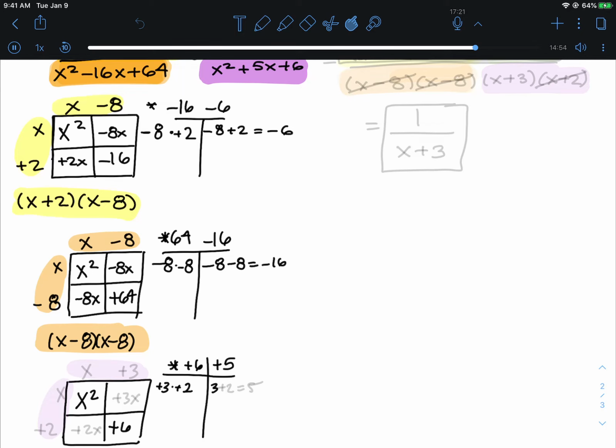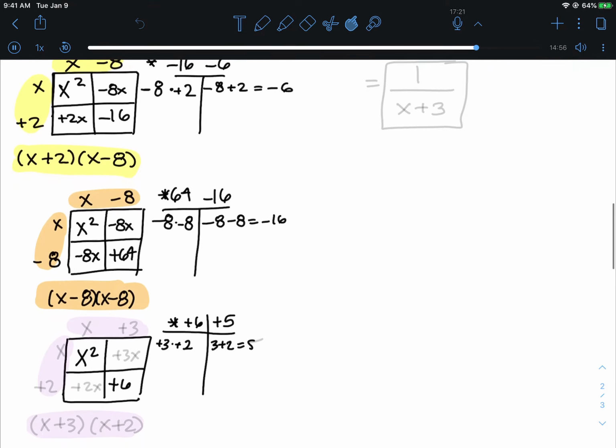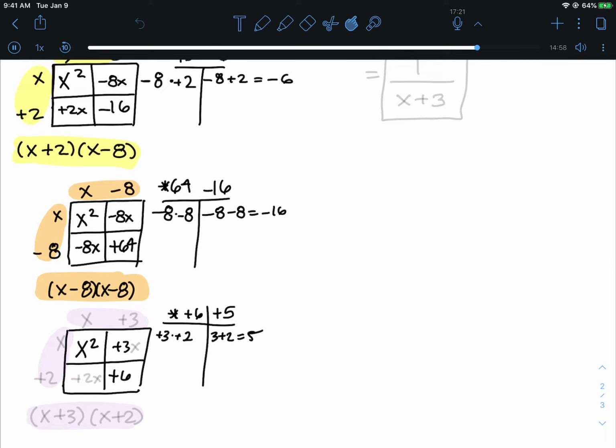And then 3 plus 2 is 5. So that means that's a positive 3x, and this is a positive 2x. So x times x is x squared, and then x times 3 is 3x, and x times 2 is 2x. So then that gives me this factor and this factor, which will go with the denominator. So I'm going to get x plus 3 times x plus 2.